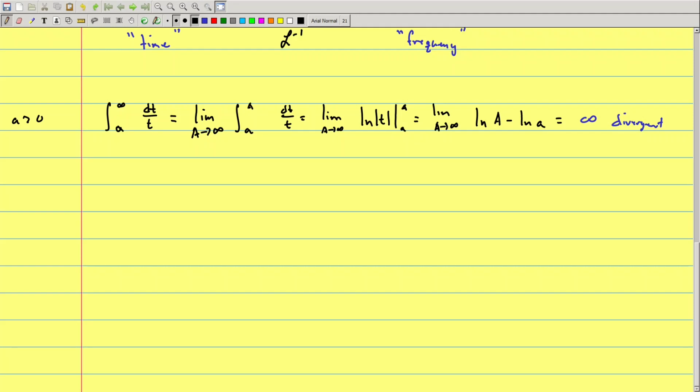Okay, so let's suppose that we have s that is greater than 0. And what we want to do is find the integral from 0 to infinity of e to the minus st dt.